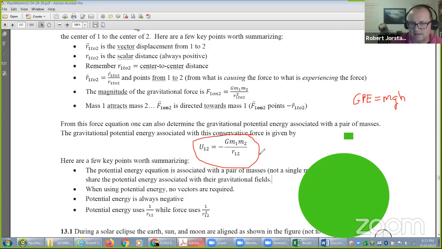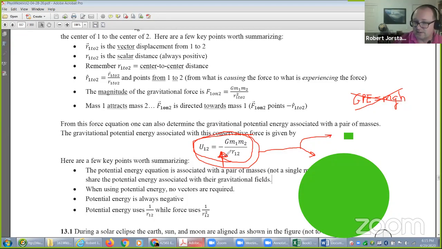This is valid for these planets with satellites and things like this. So if you have a planet and a satellite, don't use this one anymore. And I will explain in a problem how these two are actually the same equation. You might not believe it, but I'll tell you in a minute about that. So this equation talks about the potential energy. And notice it's negative. That is correct.